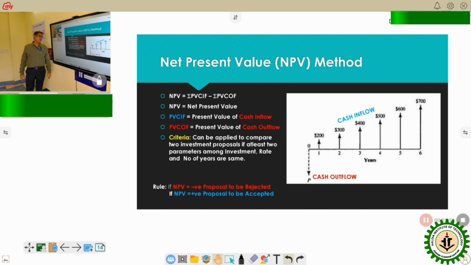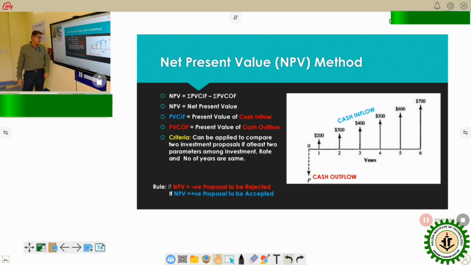Now NPV, if it gives a negative result, that means when we find that the present value of cash outflow is greater than the present value of cash inflow, in this case the proposal will not be accepted because it will generate a loss. Whatever you are investing, you are not able to recover that investment from the cash inflows or from the revenues or profit generated over successive years. So we shouldn't accept a proposal with negative NPV.